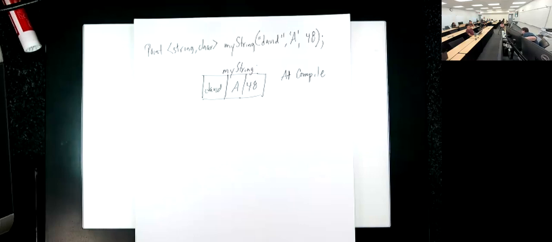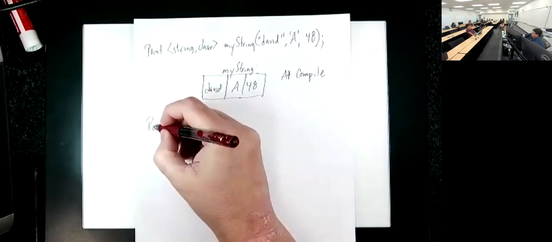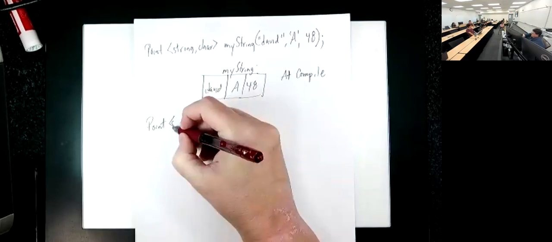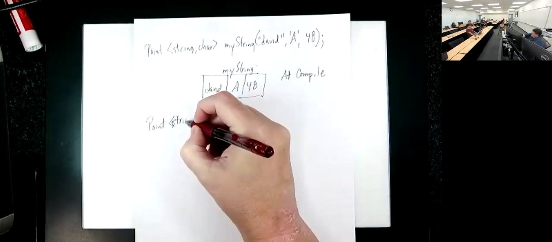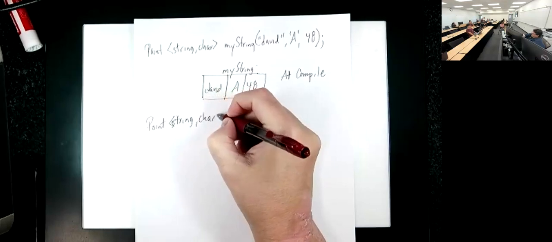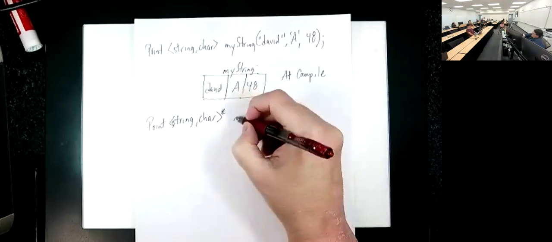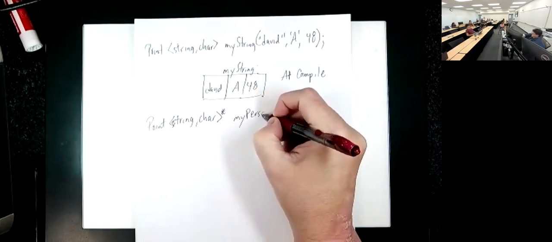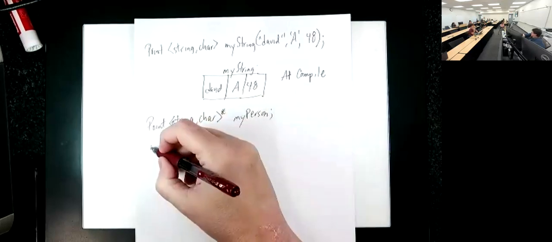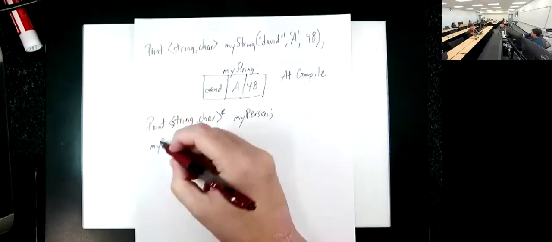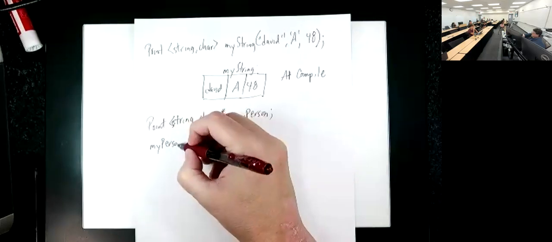Then we came down, and I want to make sure I spelled the way I did earlier. I said point string char pointer my person, and then I declared my person to be a new person.